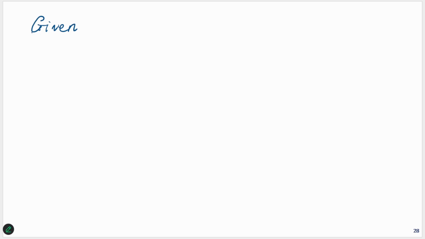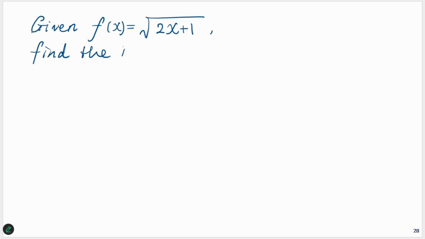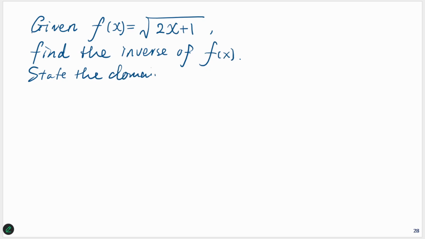Given a function f(x) equals square root of 2x plus 1, can you find the inverse of f(x) and then state the domain and range of f(x) and its inverse?